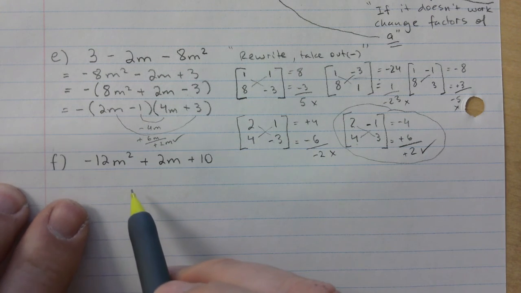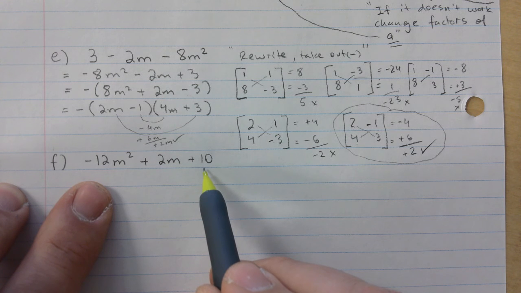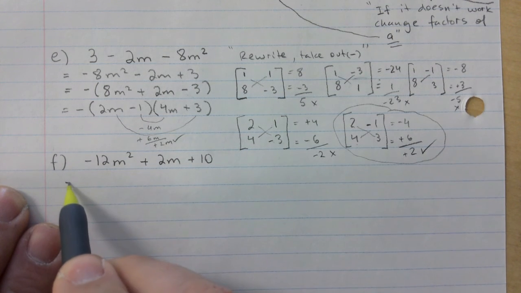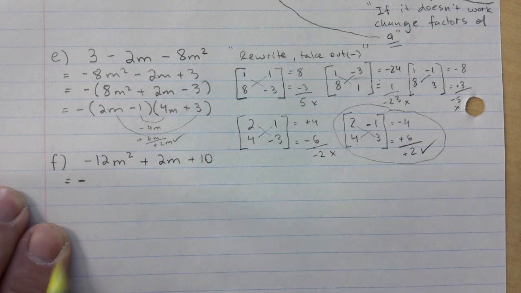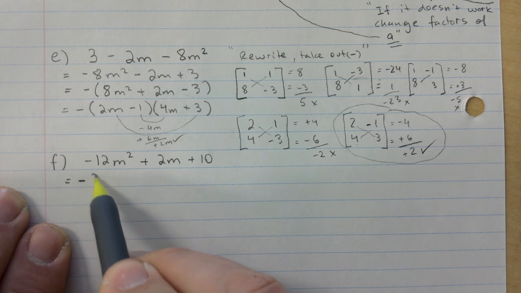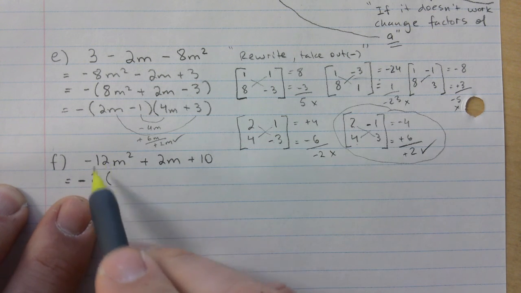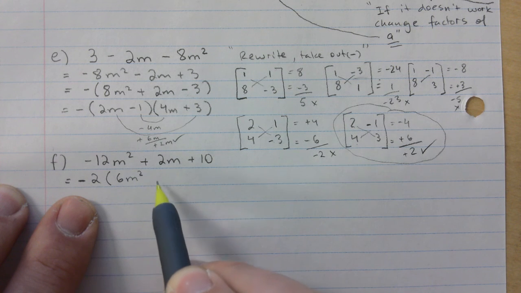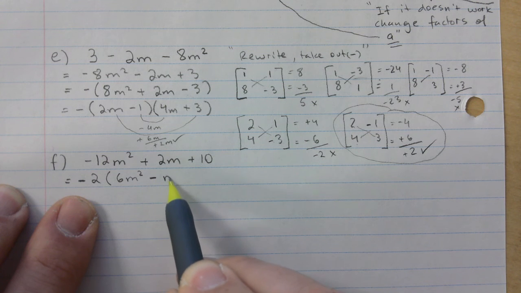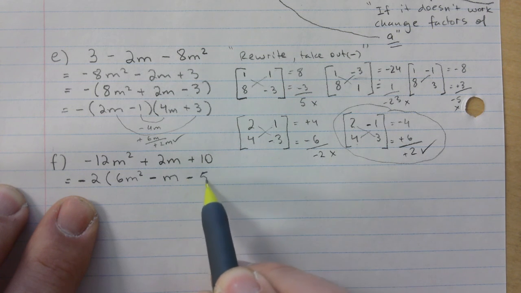let's do this one here. Do I need to rewrite? Nope. I can definitely take out the negative, and they're all even, so I can definitely take out a 2. Okay, that leaves me here with 6 positive m squared minus m minus 5.